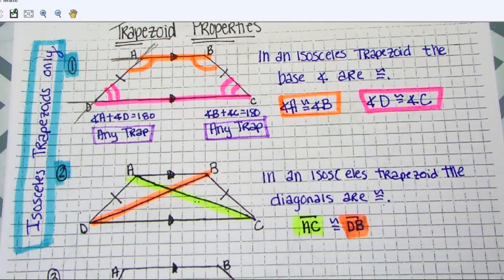Again, only true for isosceles trapezoids. That's it. Now, the very last one is about any kind of trapezoid. So this will work for any. These first two are just for isosceles, whereas the last one is true for any kind of trapezoid.